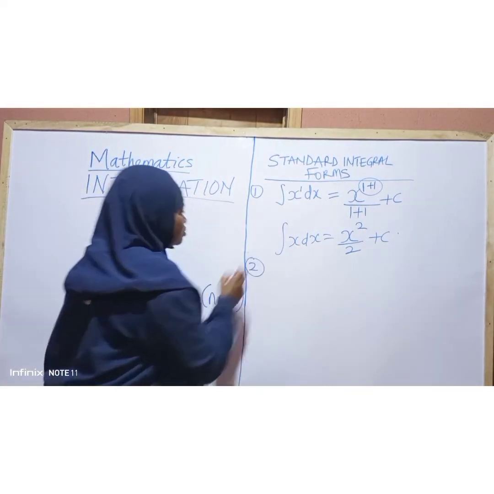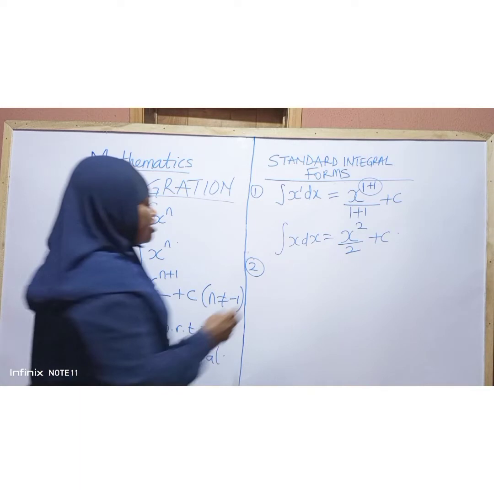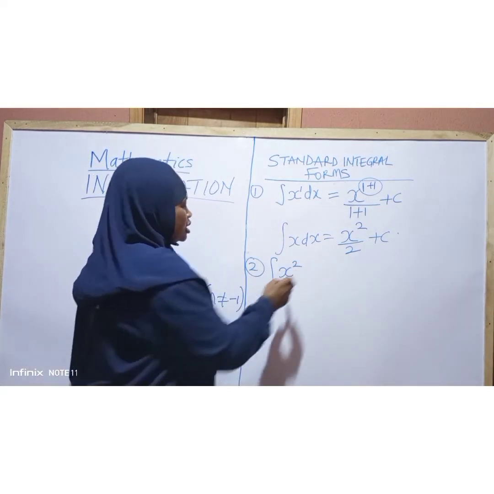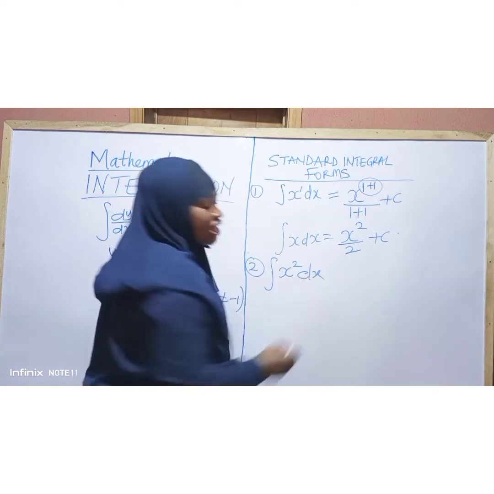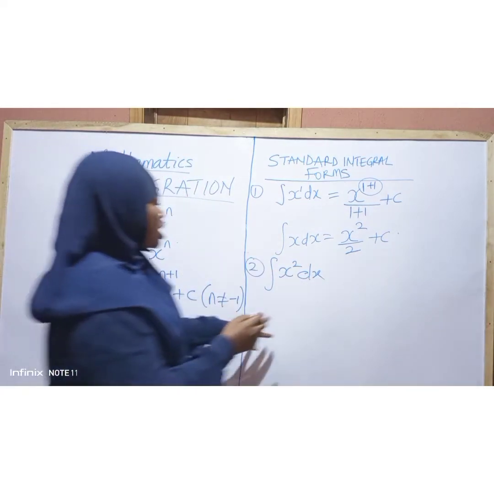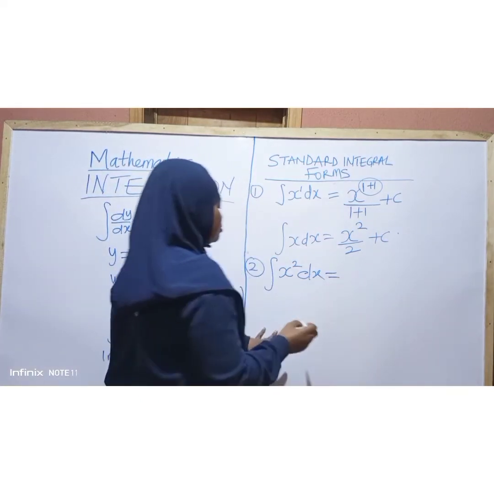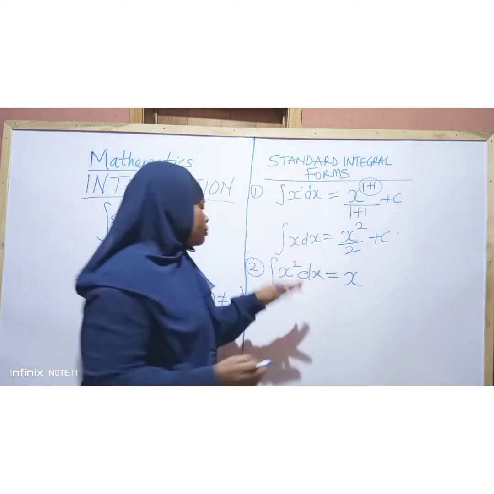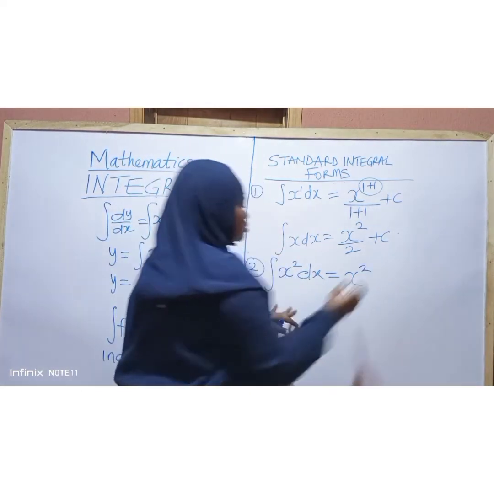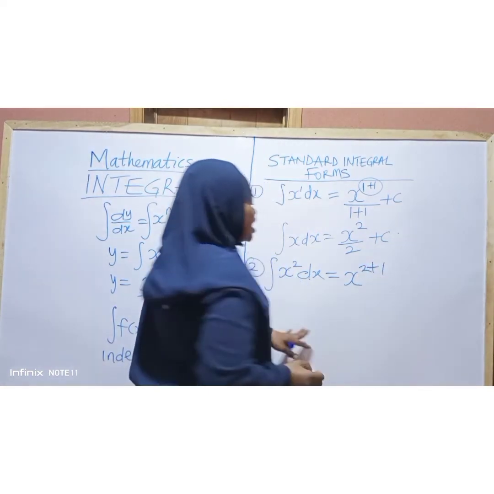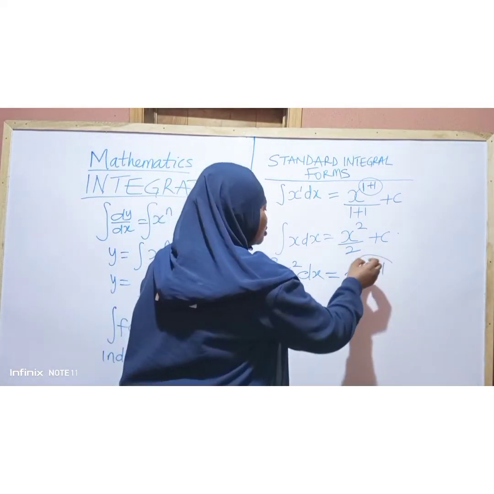Another one, let's say I have the integral of x squared dx. We are integrating it with respect to x. So I'll now have, you write this x, you write the exponent, which is 2. Then you add 1 to it. Then this is the new exponent.